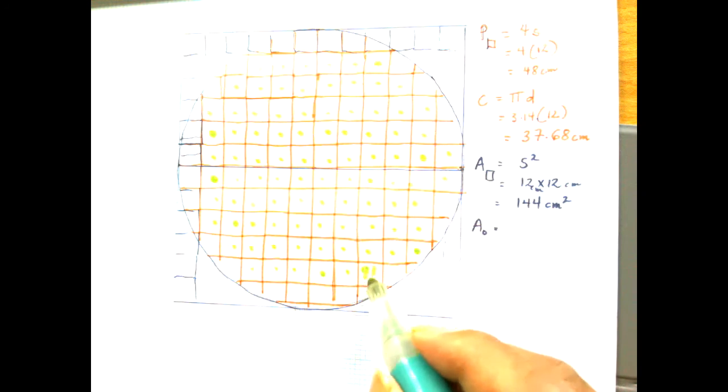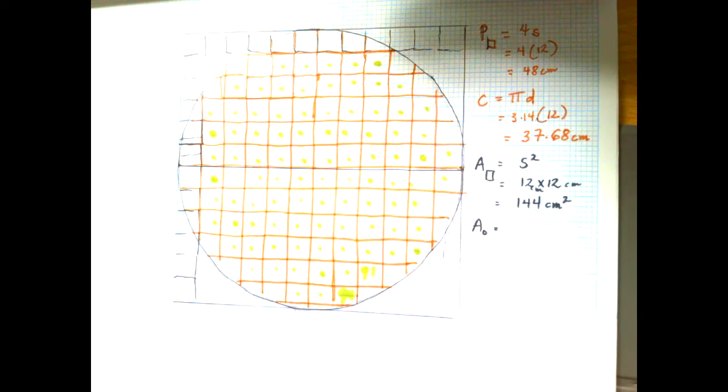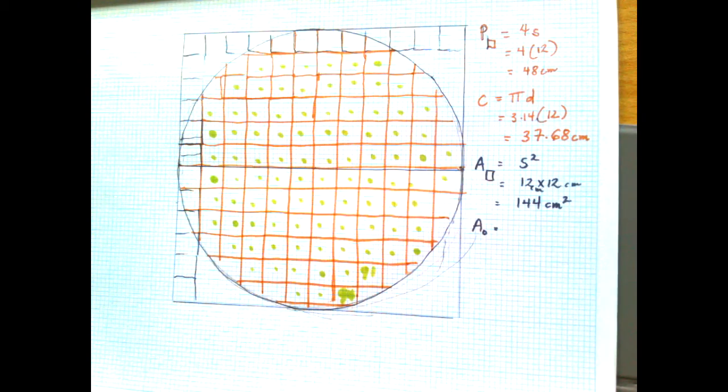I'll just put there 91. 92, 93, 94. Now that is the number of squares that's been estimated. Now let's make this a little bit darker.